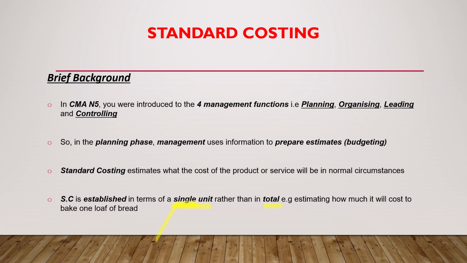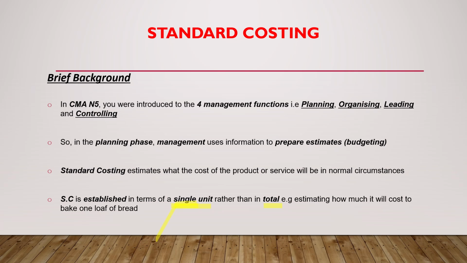If for instance we are comparing the price of bread, that means we're going to compare the standard cost, or the planning standard cost, of 1 bread, that is per unit.